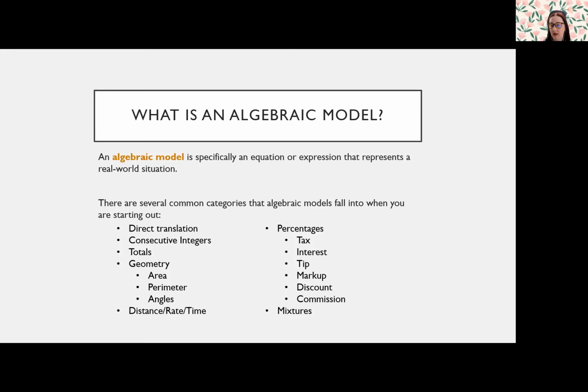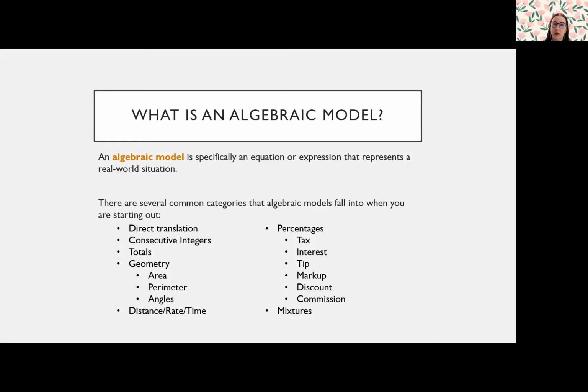We've got consecutive integer problems where you are basically taking integers or numbers that are one after another, like when you count. There are problems that involve finding totals. We've got geometry problems, and there are different types of those. You can have problems involving area, perimeter, different angles. There are distance, rate, and time problems. Those are very, very common.